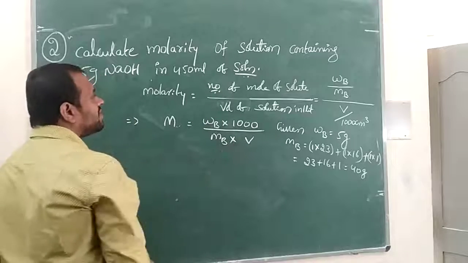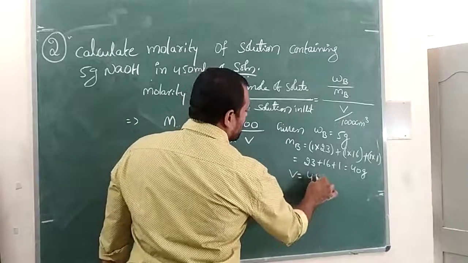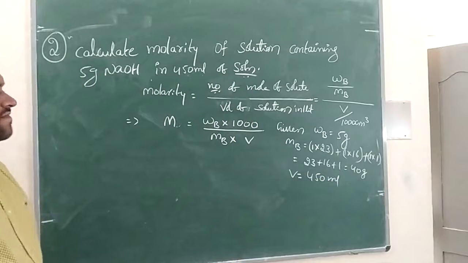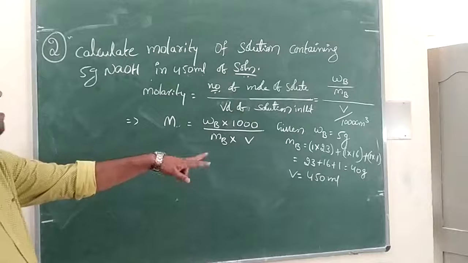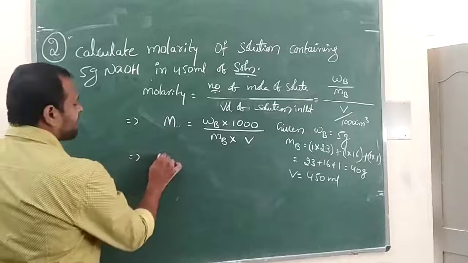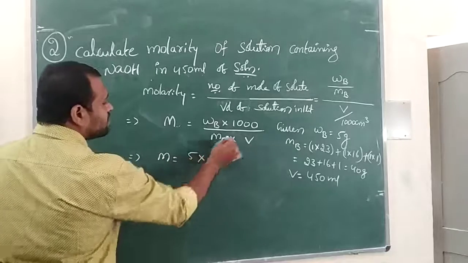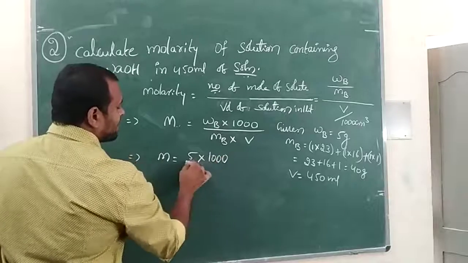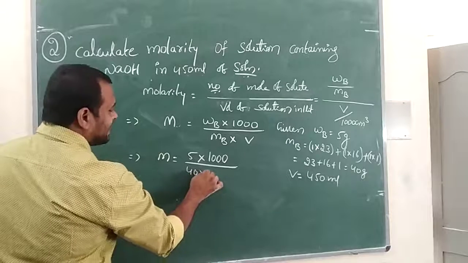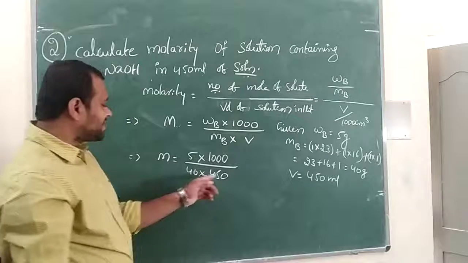So V is equal to 450 ml. Substitute all these values in the formula. You will get molarity. That implies M is equal to WB, which is 5, into 1000 divided by MB, which is 40, into 450. Let's calculate how much you will get for molarity.